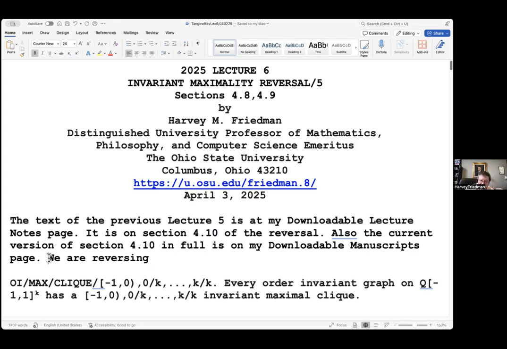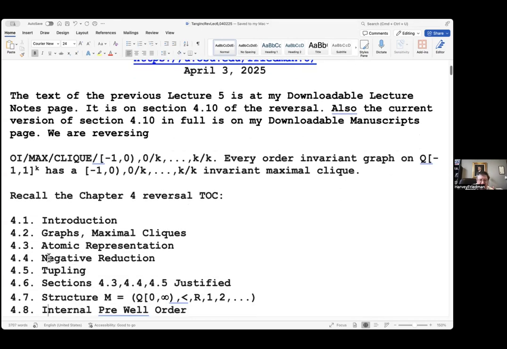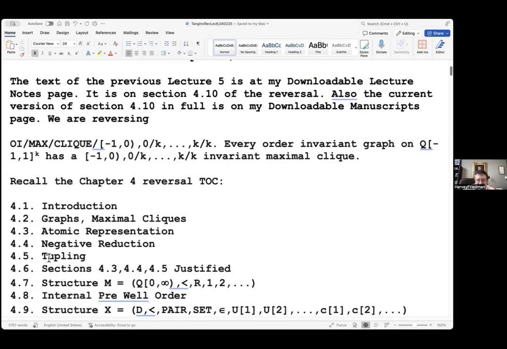So reminding you, we are reversing this statement about maximal cliques in ordered invariant graphs, and that every ordered invariant graph has a suitably invariant maximal clique.